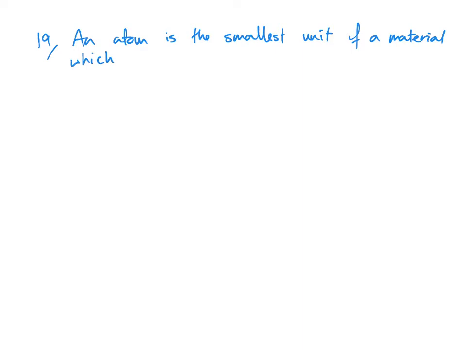So learning outcome 19 is just: what do we mean by the term atom and nucleus? We talked about this yesterday. An atom is the smallest unit of a material which retains the same chemical properties.